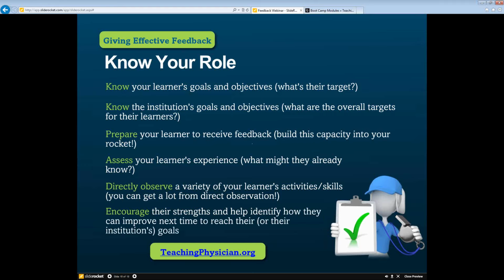This is all that self-preparation that we're talking about, so we have our interpersonal skills, our communication skills, the approaches to deliver this information. We build this into our learners, and we develop the culture of feedback at the institution so that people aren't scared or filled with a sense of dread when a feedback session has to begin.